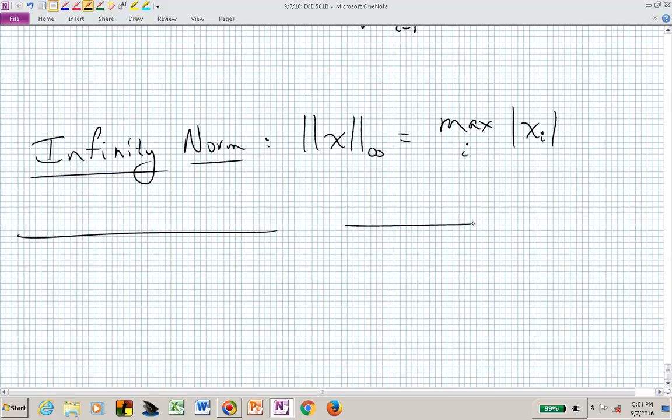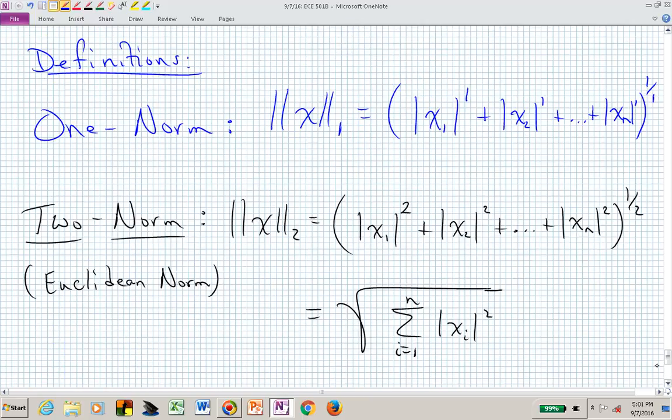What I want to do now is ask, is the 2 norm linear? Question? Zero to the zero. What is that? If you take any number and raise it to the 0th power, what is that number?